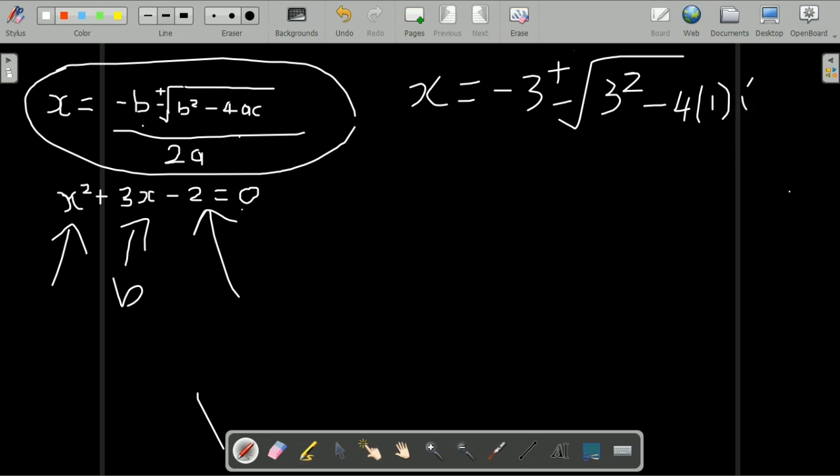Introduce a small bracket, which is a 2, and actually this time it's a negative 2 because there is a sign before the constant, so it will actually be negative 2. We'll put bracket.